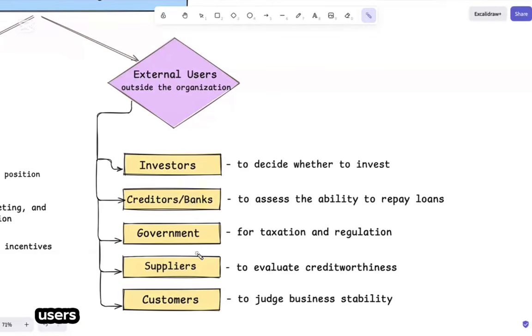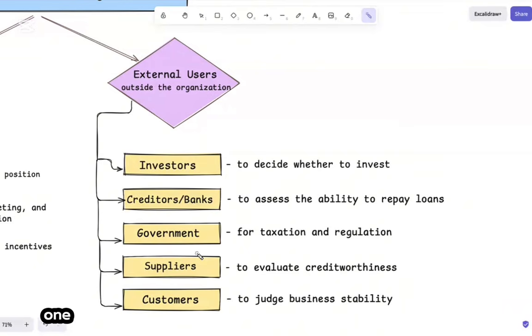Let's look at the external users. The first users are investors. They will decide whether to invest money or not, according to the financial statements of the company. Creditors or banks will assess the ability to repay loans. Before giving a loan, the bank will check the company's financial statements to see if it can repay the money or not.